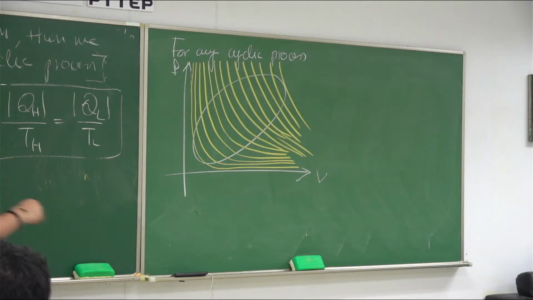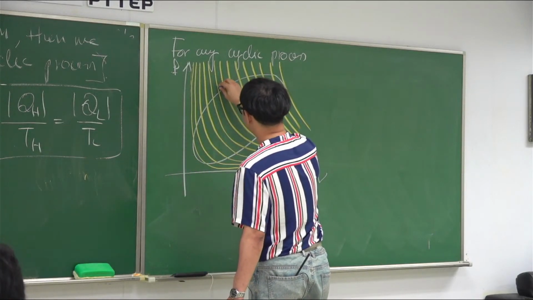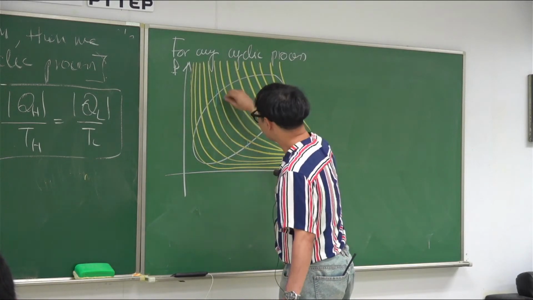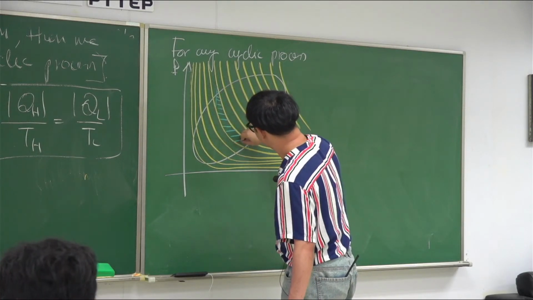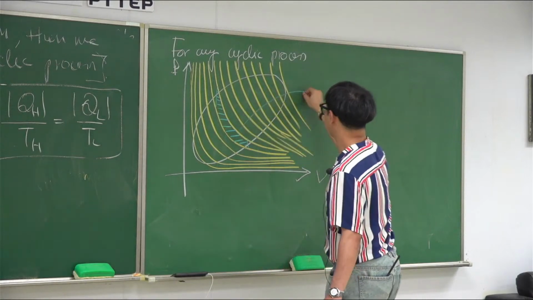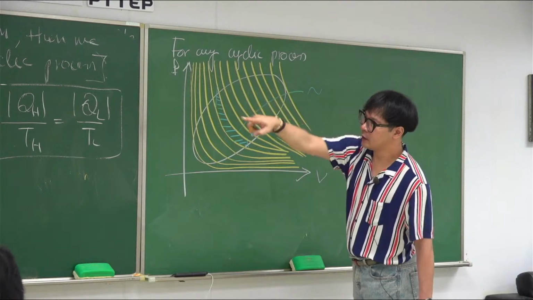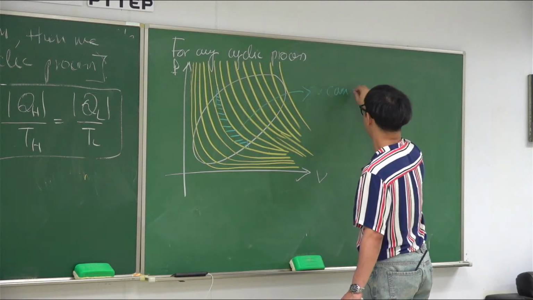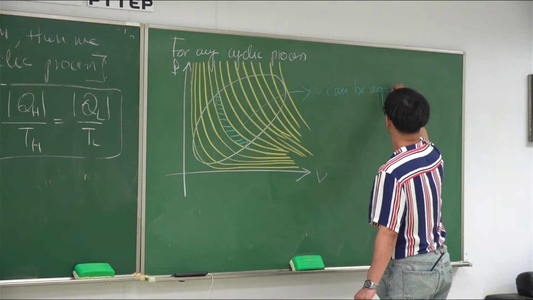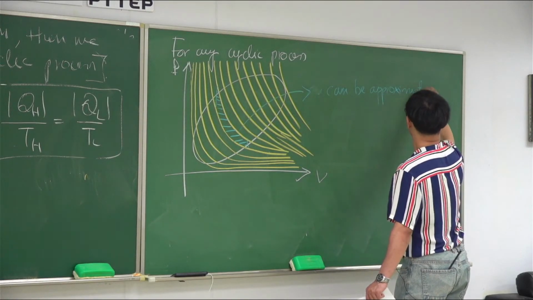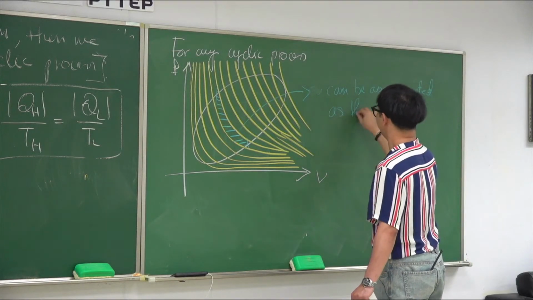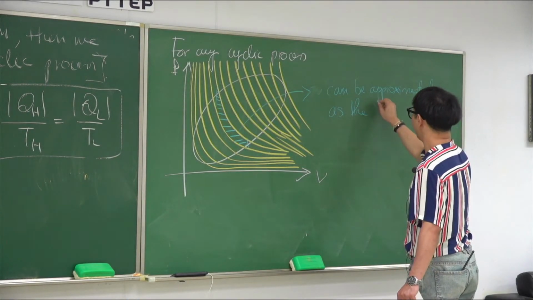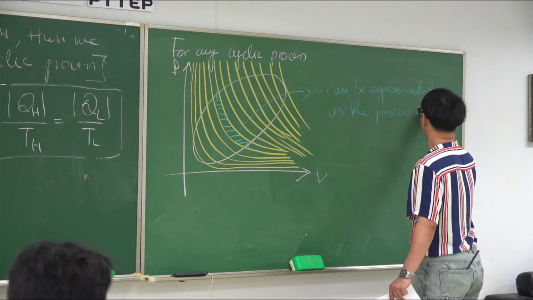What we did is we could do things like this and like this, and then you will get this portion approximated as the previous example.